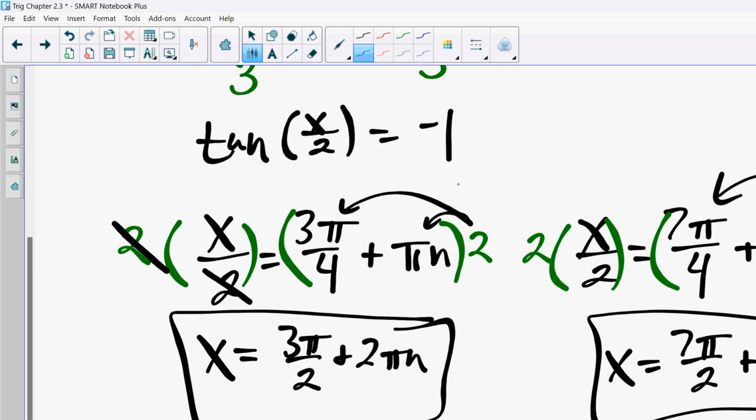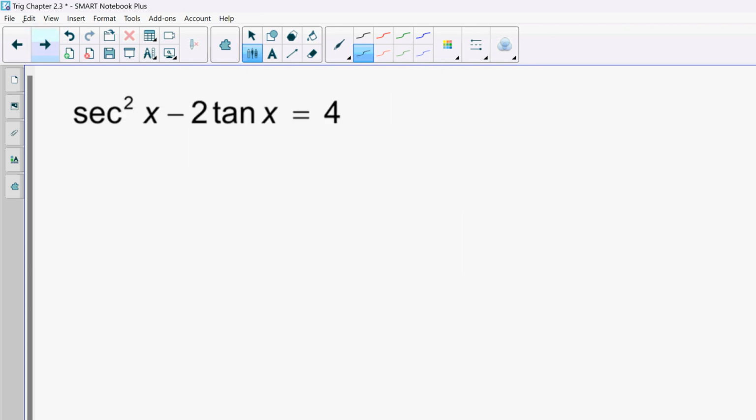That's all we have to do with these. Any questions on any of these? We feel pretty comfortable with half angle, double angles. We're going to look at 2 more and then we'll be done for the day, and you'll have the rest of the time to work on the assignment from chapter 2.